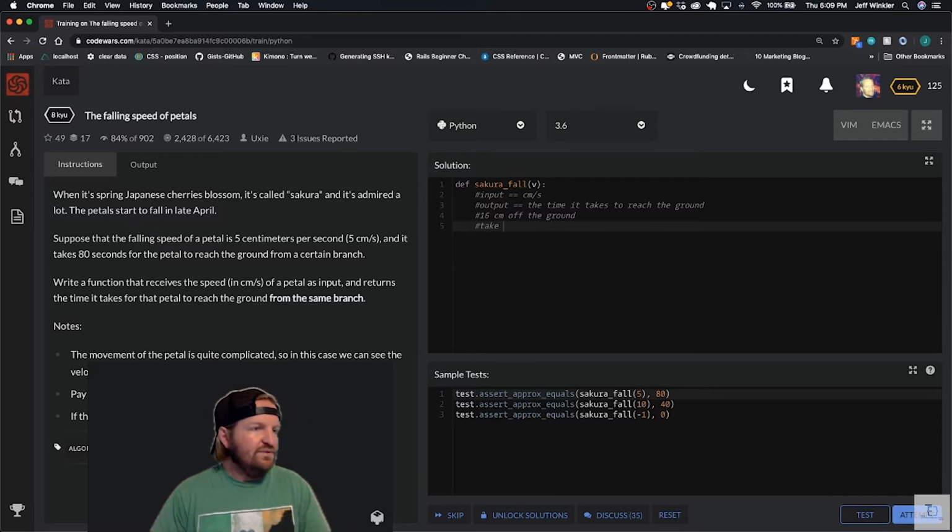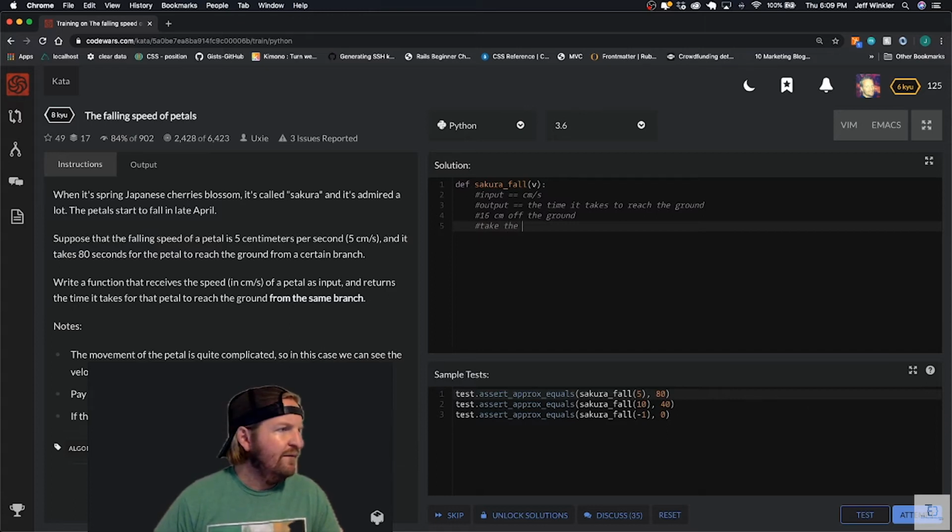It's going to give us speeds per second, which was 5 in this case, and then 80 seconds.